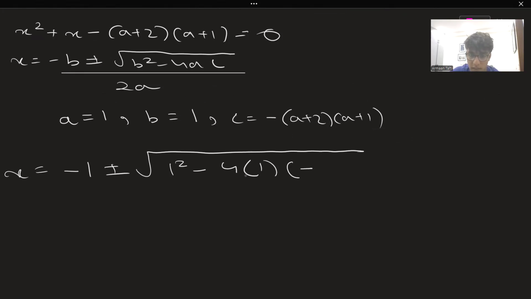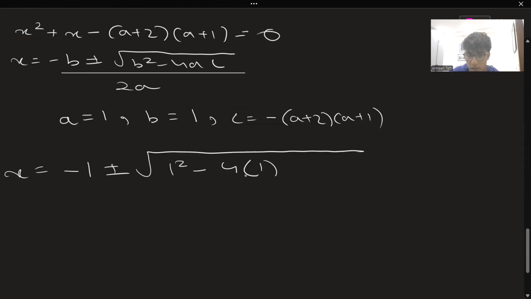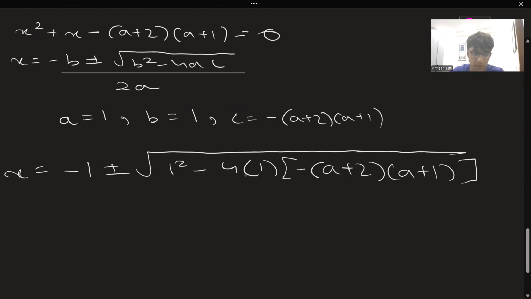Remember to keep the minus sign. Let's keep a different kind of bracket here so you don't get confused: (a plus 2) times (a plus 1), divided by 2a, which is just 2 in this case.